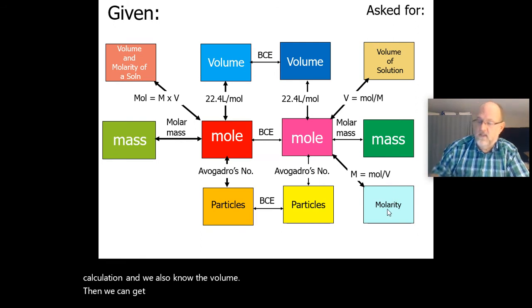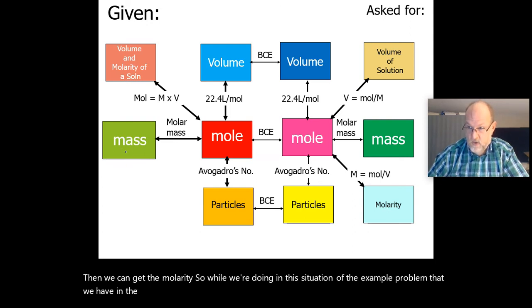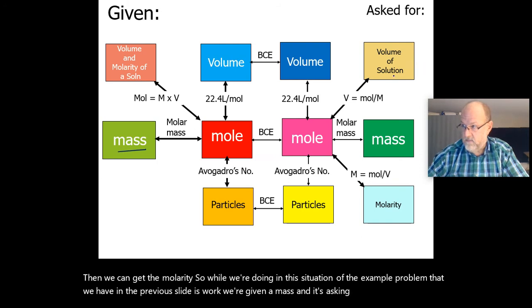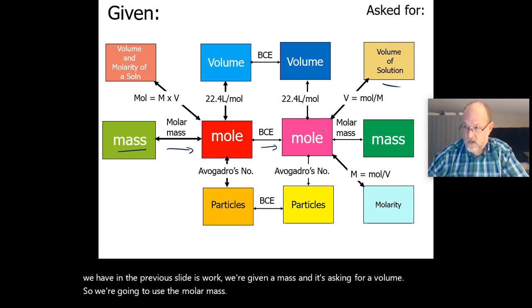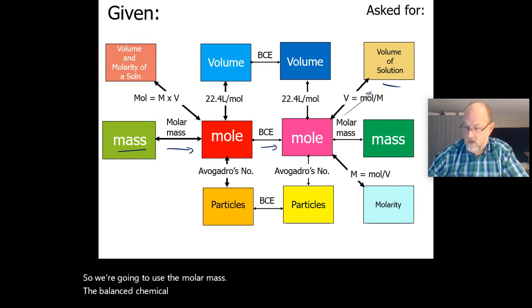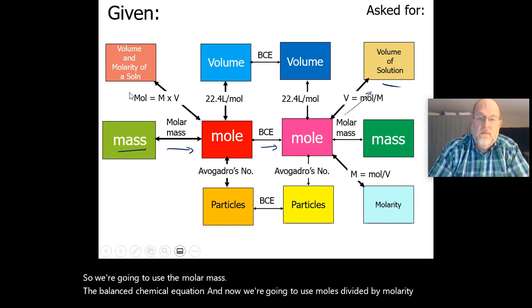So in the example problem on the previous slide, we're given a mass and it's asking for a volume. We're going to use the molar mass, the balanced chemical equation, and now moles divided by molarity to determine the volume of the solution.